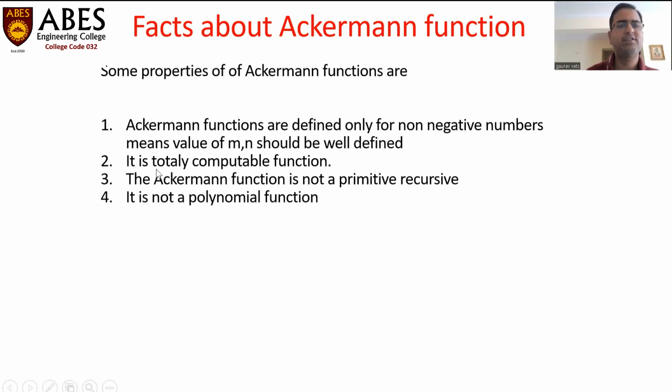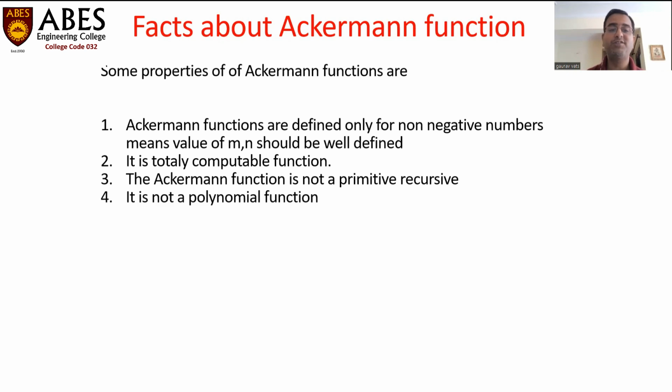The second thing is that it is a totally computable function, which means you can solve it mechanically, by taking a pen and paper, like an algorithm, by putting some non-negative values of m and n. It is not non-computable, it's totally computable.